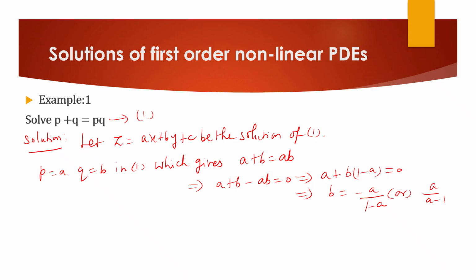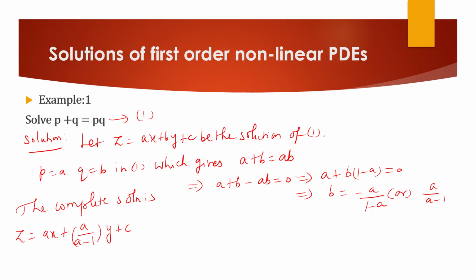So now replacing this b in terms of a in the assumed solution, we get our complete solution as z is equal to ax plus b, which can be taken as a by a minus 1 into y plus c.